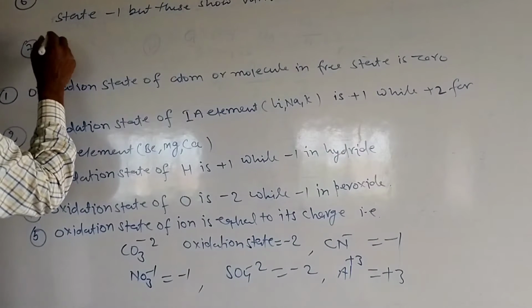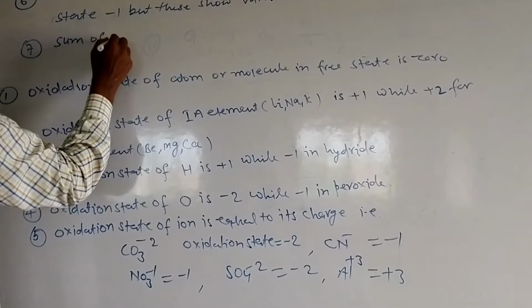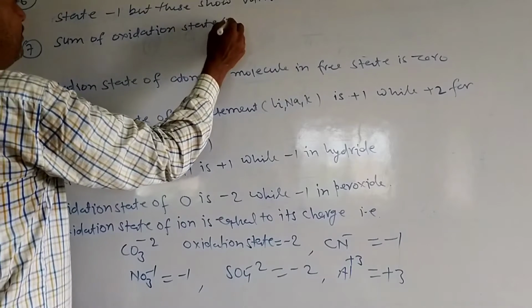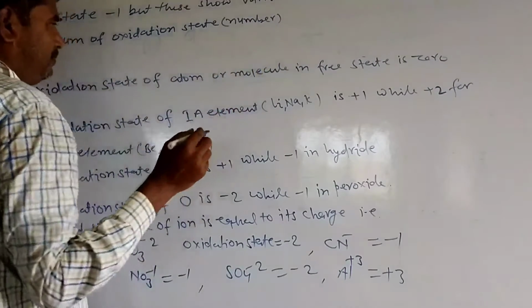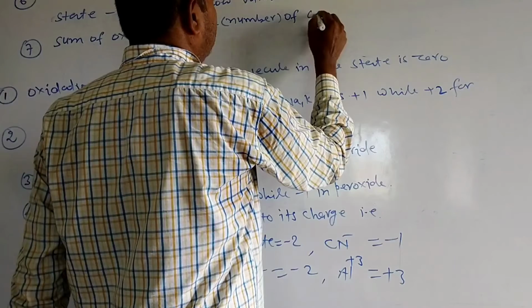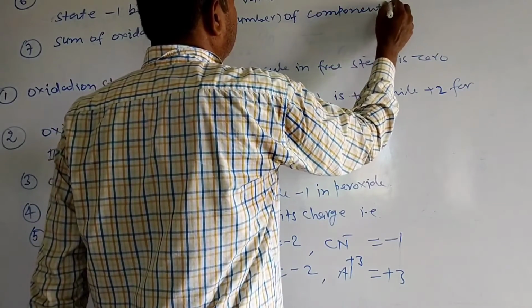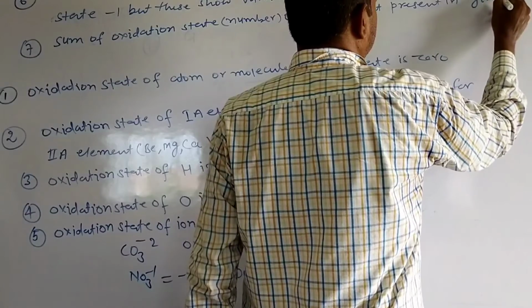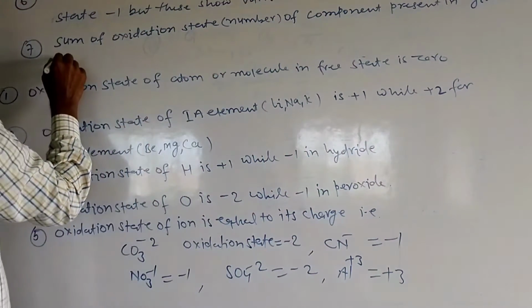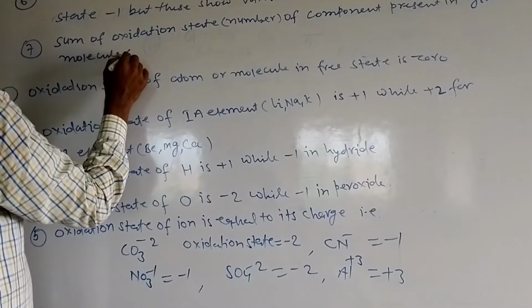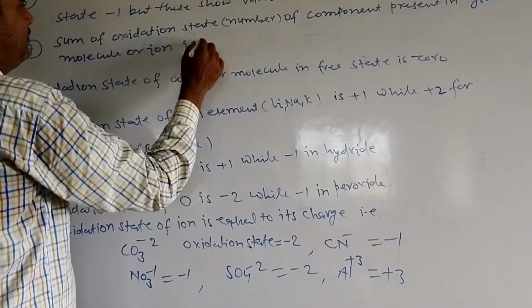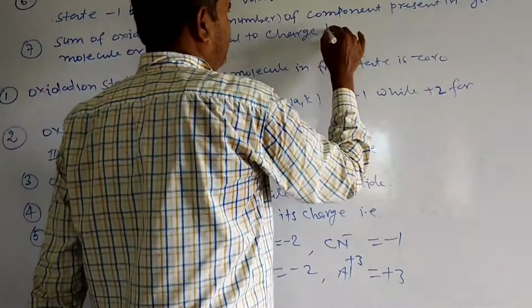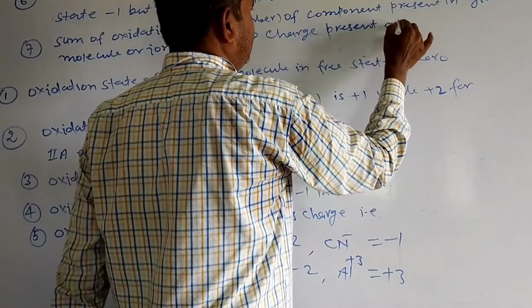Seventh, the sum of oxidation states or numbers of components present in a given molecule or ion is equal to the charge present on it.